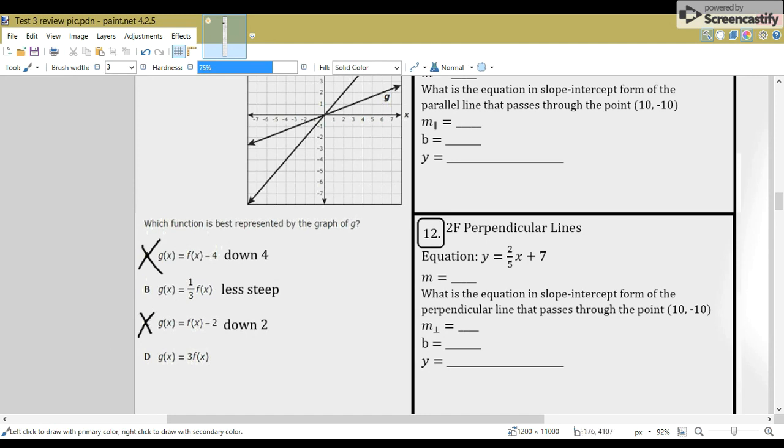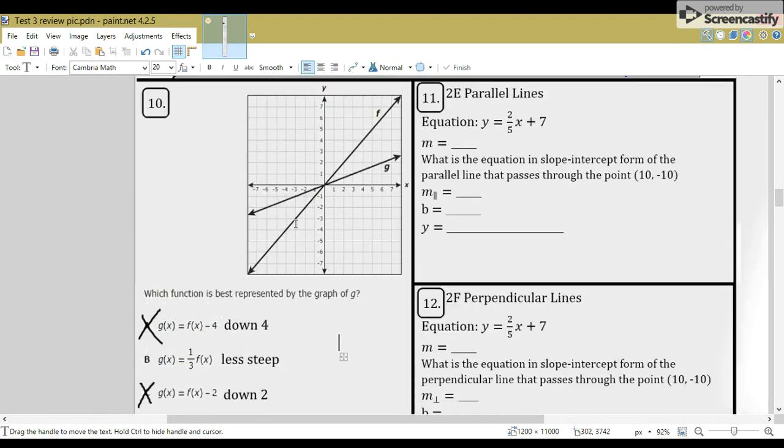Let's look at the last one, D. g of x equals 3 times f of x. This one is more steep. Now, if you look at the comparison between f and g, g is flatter. When the line is flatter, less steep, that means the slope is closer to 0.